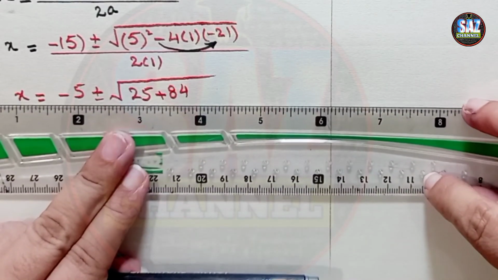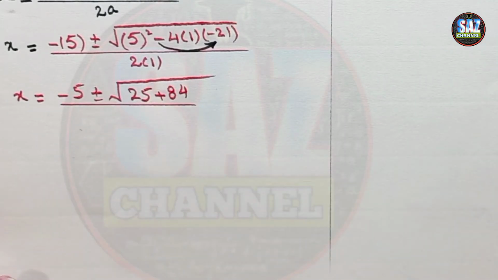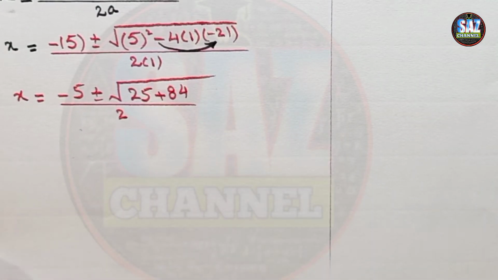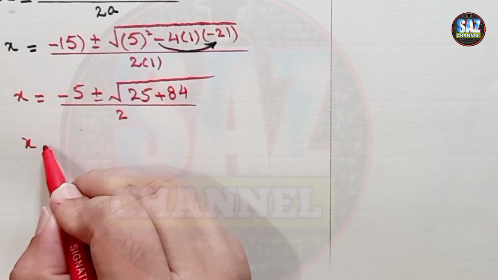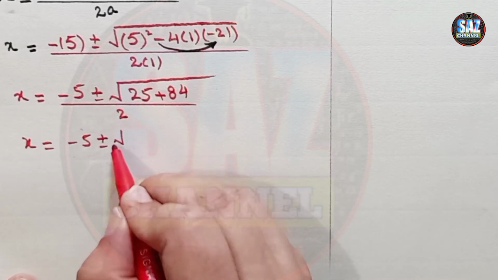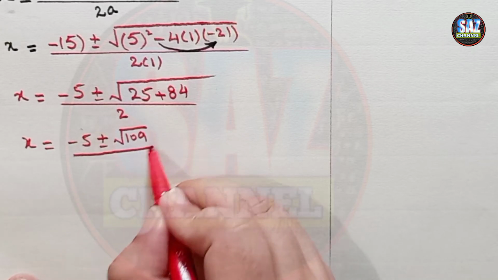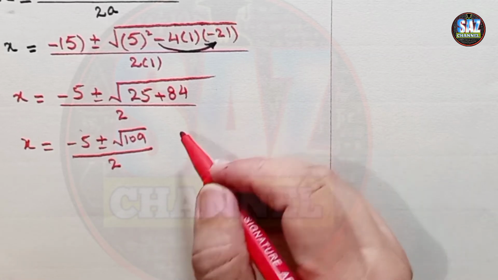Now add 84 to 25: 84 plus 25 is 109. So x equals minus 5 plus minus square root 109 by 2, and square root 109 is approximately 10.4.